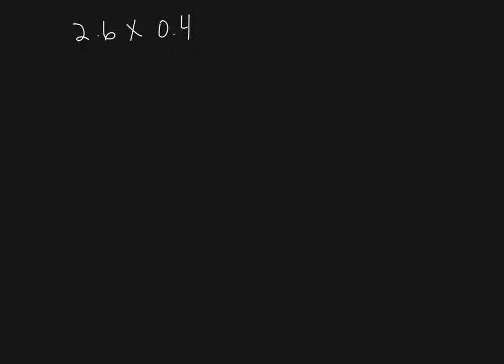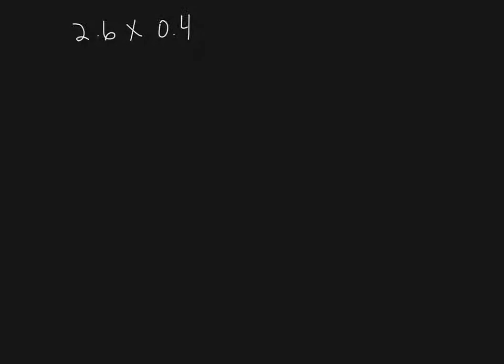All right, let's try something that is just slightly different than what we have just done. 2 6/10 times 4/10. Now, the thing that we want to think about is an estimation. 2 6/10 is around 3, and 4/10 is close to 5/10.